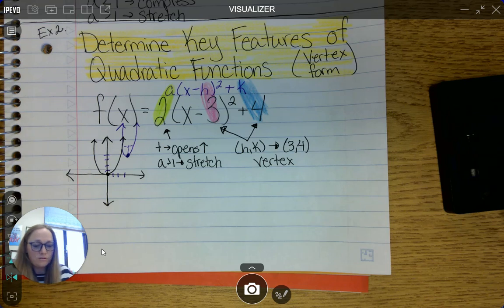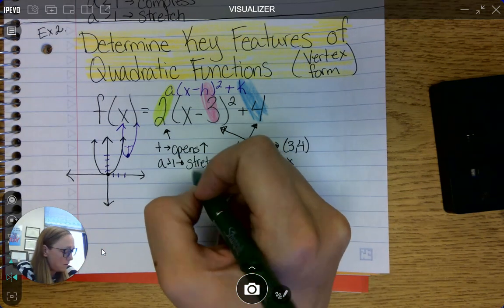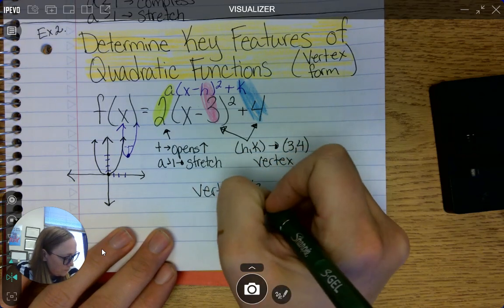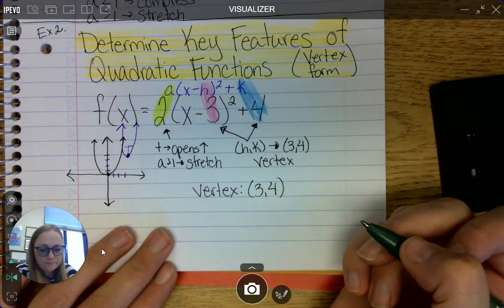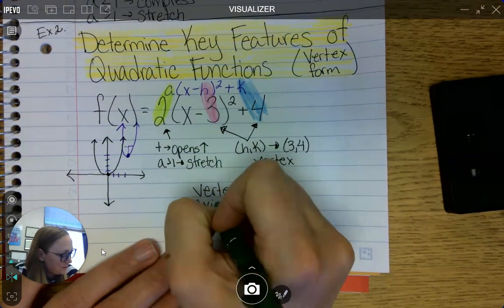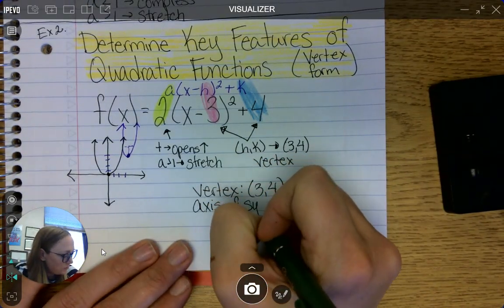And so what other information can I get from this graph? So we know the vertex is positive 3, positive 4. Let's talk about the axis of symmetry. That's a review.